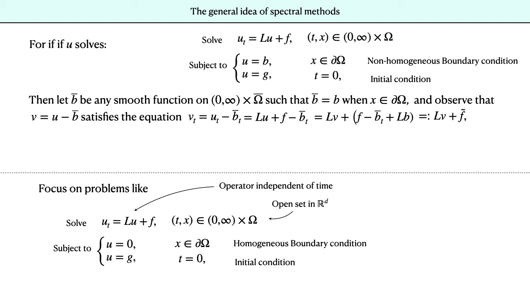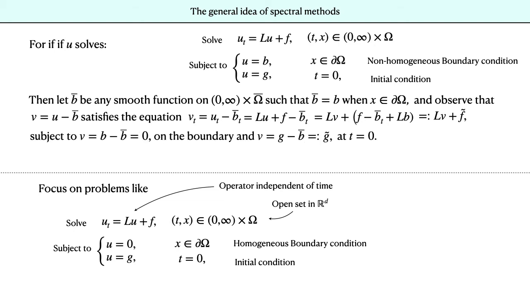F tilde is defined as the whole expression. And not only does V satisfy this equation, but V has no boundary conditions. It vanishes at the boundary, because at the boundary, U is equal to B, and B and B bar agree on the boundary.